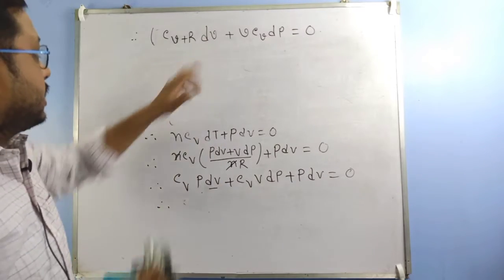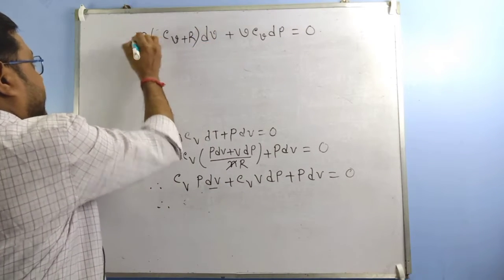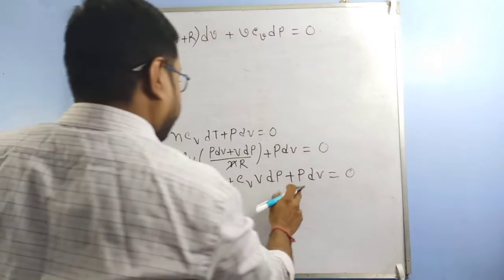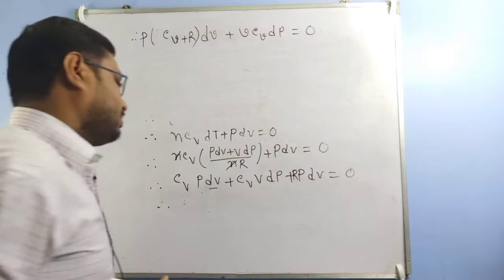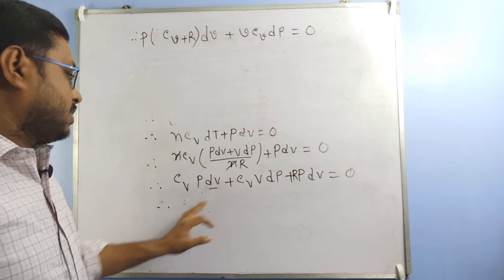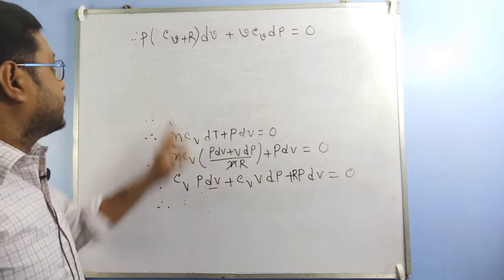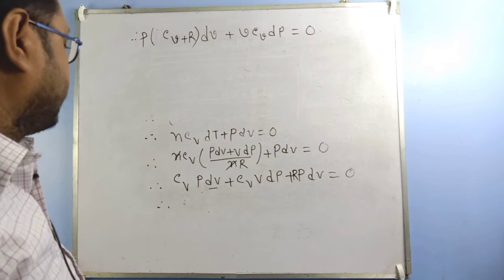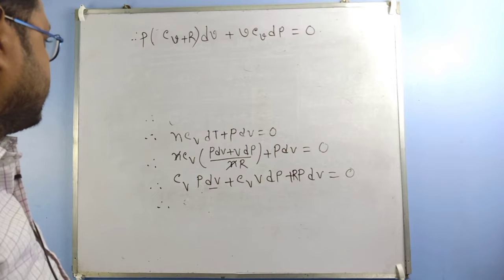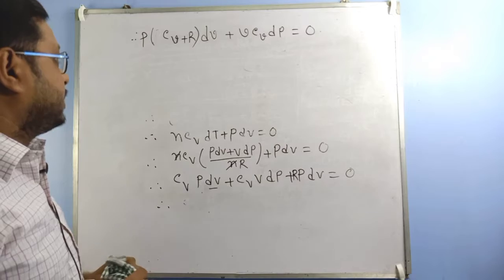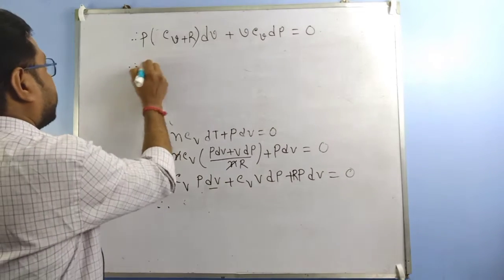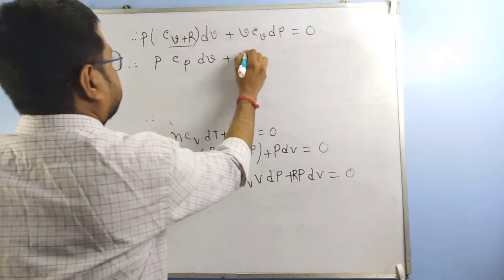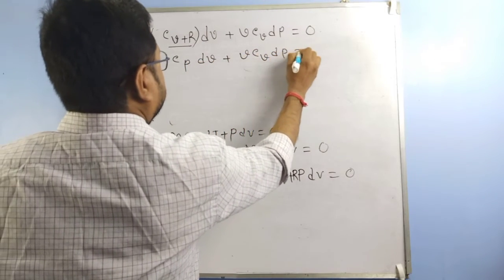If we take the dV term common, then we get Cv plus R. So we can get P (Cv plus R) dV plus V Cv dP equal to 0. Therefore, we can get P Cp dV plus V Cv dP is equal to 0, since Cv plus R means Cp.